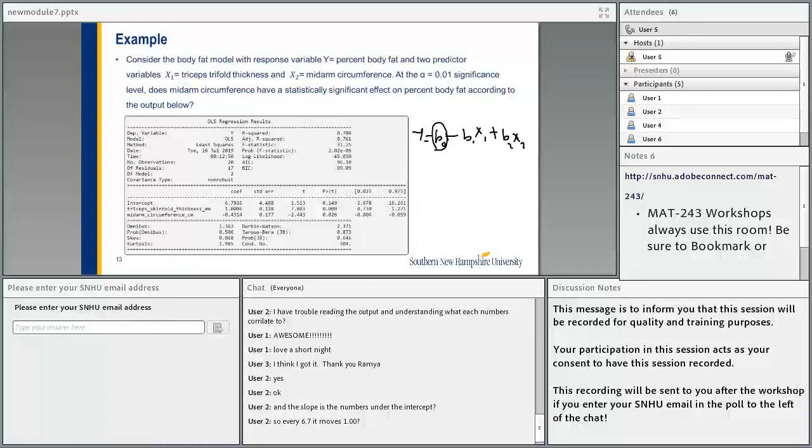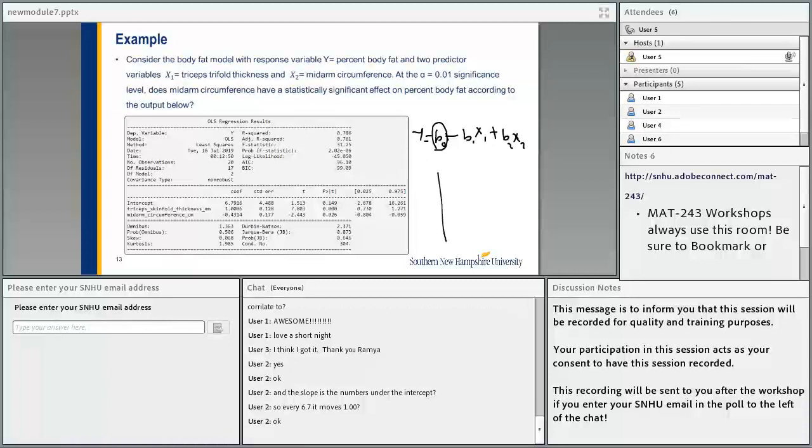So if your x values were all 0, the B0 value is your intercept, and that is your 6.796. If I have to draw my line, with all my points here, then this point on my y-axis, that's my B0 value.